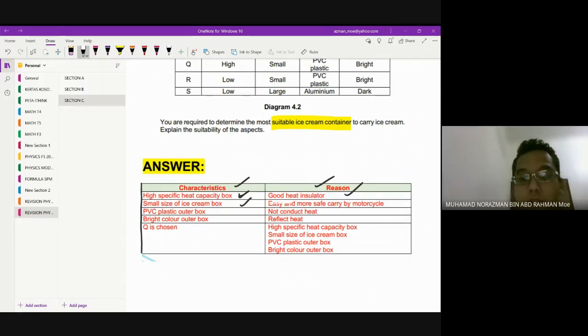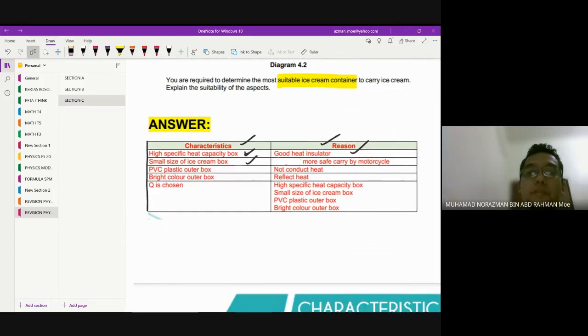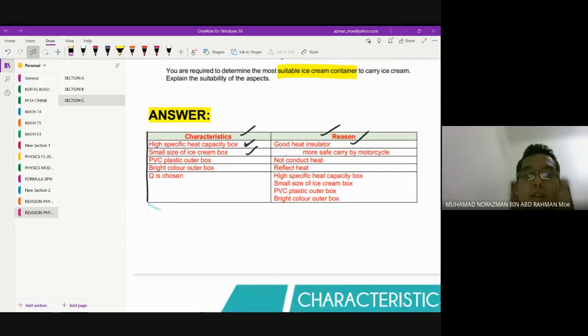Or you can say just more safe to carry by the motorcycle. Or you can say it will have lighter mass. Also acceptable.